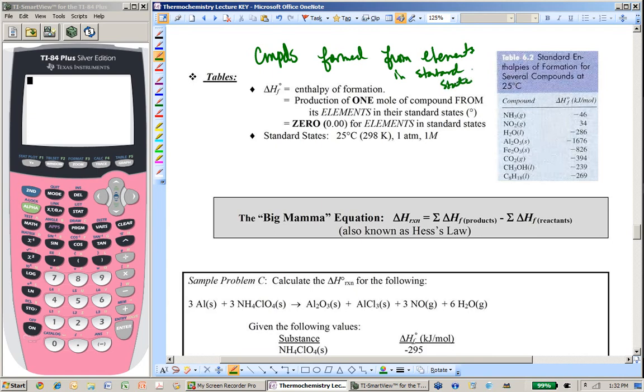In other words, if it's a halogen or any gen at all, hydrogen, oxygen, nitrogen, or any of the halogens, they're going to be diatomic. You're also going to respect whether they're solid, liquid, or gas. So we're talking room temperature, 1 atmosphere pressure conditions here.